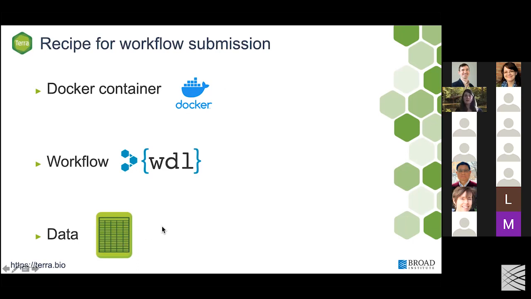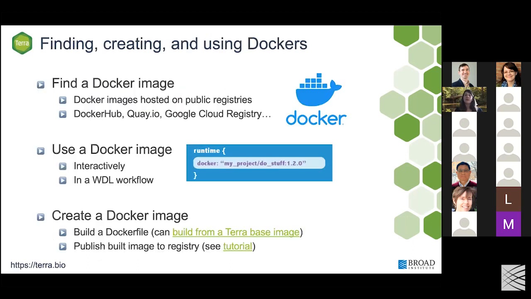So let's talk a little more about these, starting with the Docker container component. For today, you don't need to be an expert in Dockers to use Terra and do our hands-on activities, but I wanted to give you a little background. Again, Dockers are a portable container of software and all of its dependencies. These containers, or what we call images, can be hosted in public registries in the cloud.